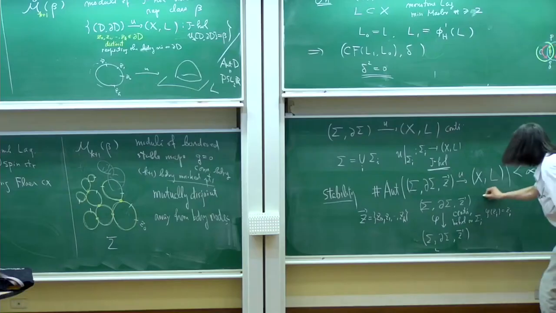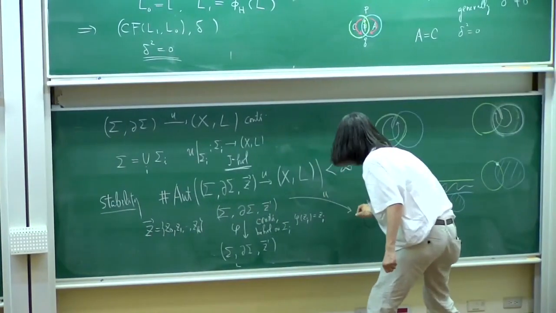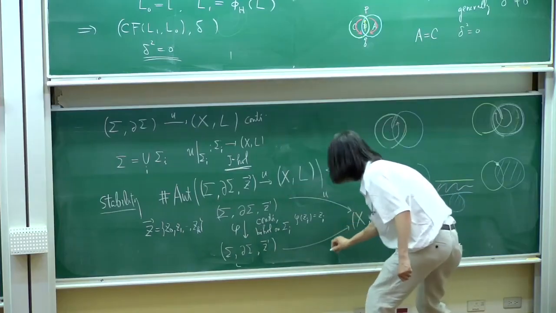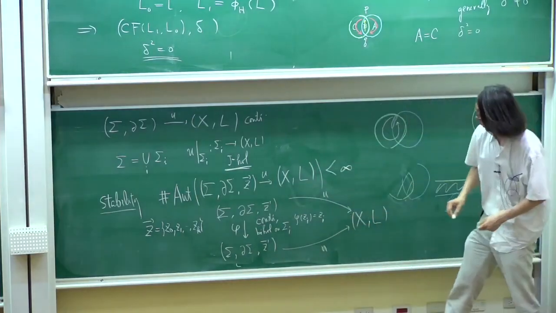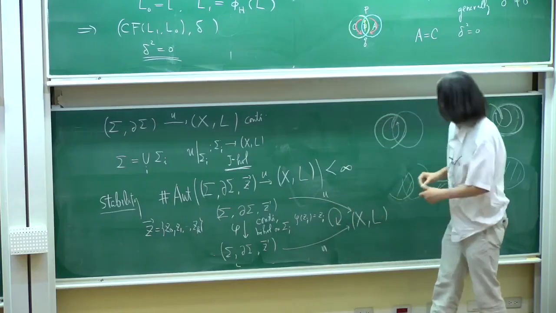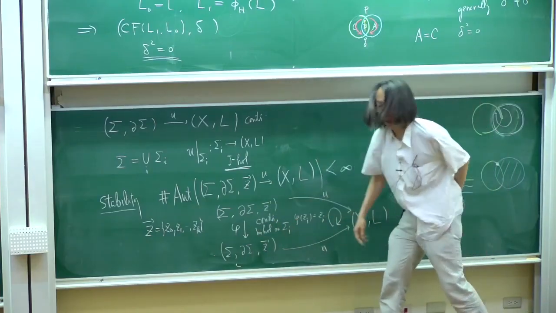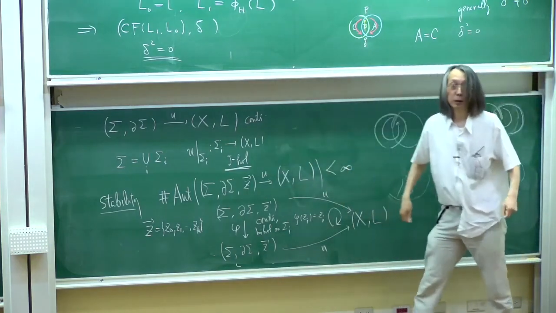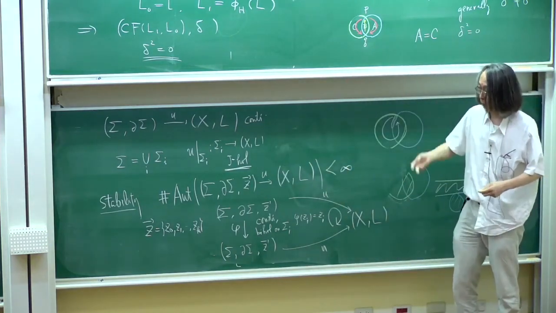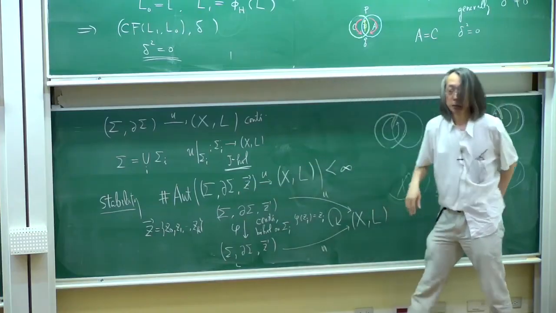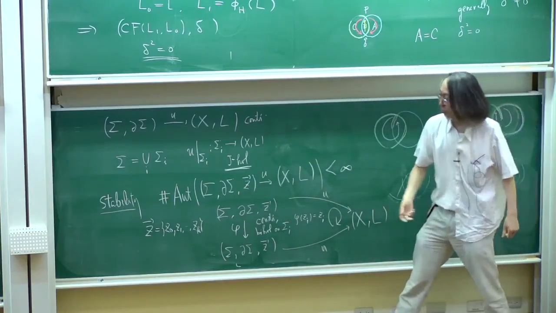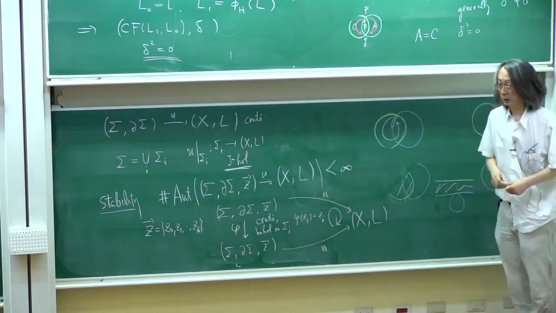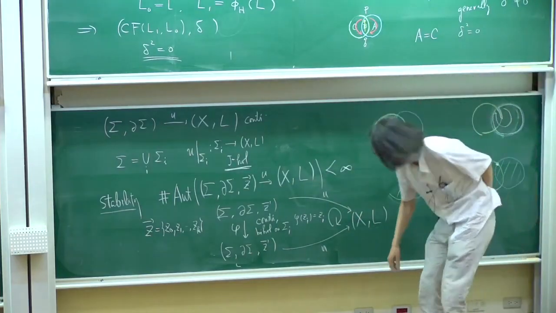And then I have a map U here to X_L, and a map U here again. If this commutes, then we call such a phi an automorphism of this mapping. So it's not the automorphism of the domain curve, but the automorphism group of the domain curve preserving the map U. Okay? So this is the stability condition.